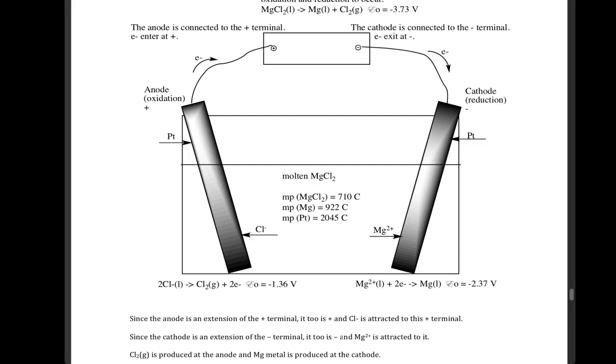Now, since the positive terminal has a positive charge, that causes Cl minus to be attracted from the molten magnesium chloride solution to that anode. And it then gives up its electrons because they're wanting to go to the positive terminal of the battery.